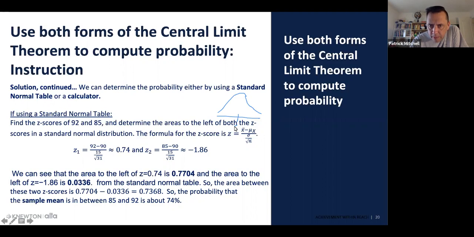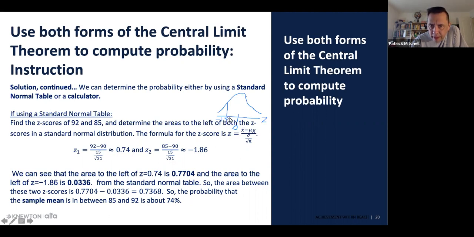Okay, so now I'm in the standard normal distribution. So these are z values. This is the z-score that replaces the 85, which is a negative 1.86.